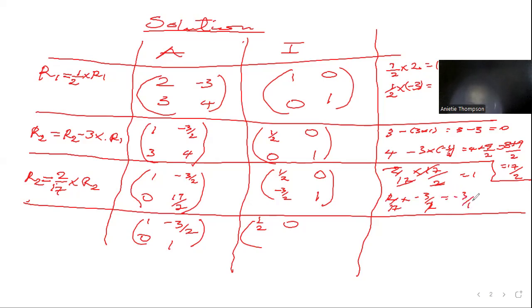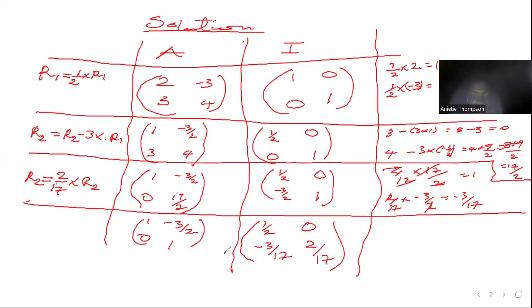So I have minus 3 over 17. Minus 3 over 17. I have half, 0, minus 3 over 17. Then 2 over 17 times 1 gives me 2 over 17. Here, 2 over 17.